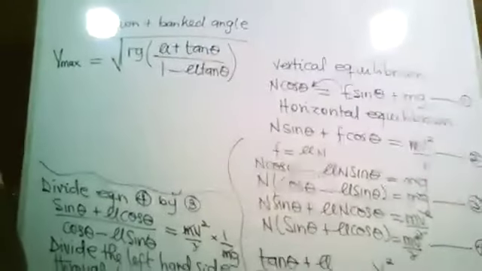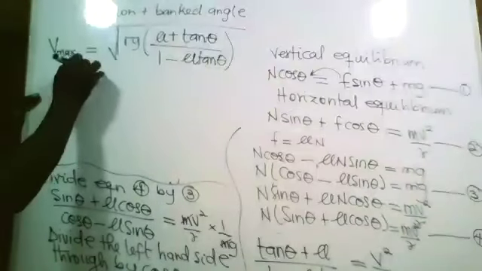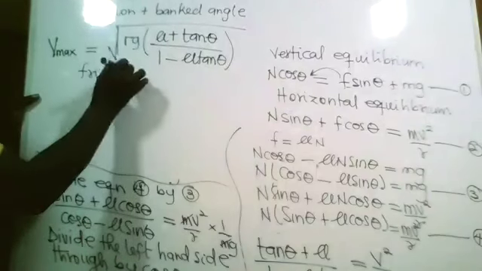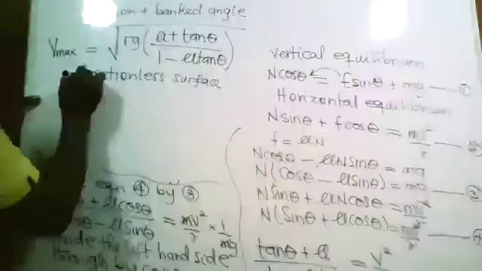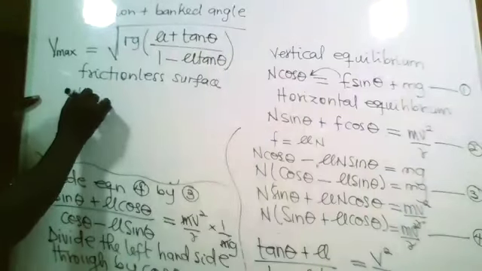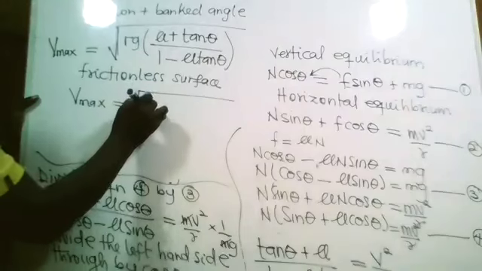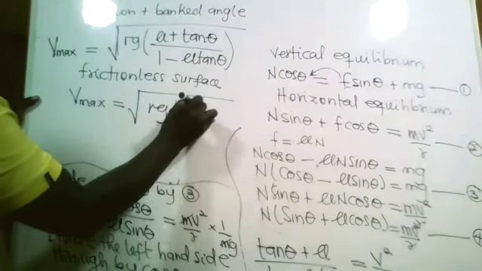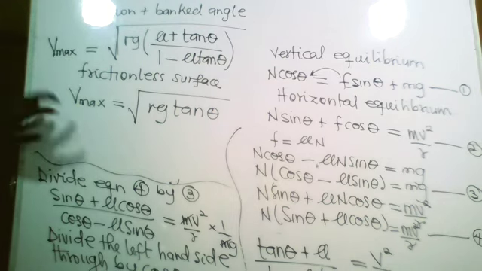And then for a frictionless surface, we only had V max equal to the square root of RG times tan theta. There's the difference between the two: friction plus bank angle, and then frictionless surface.